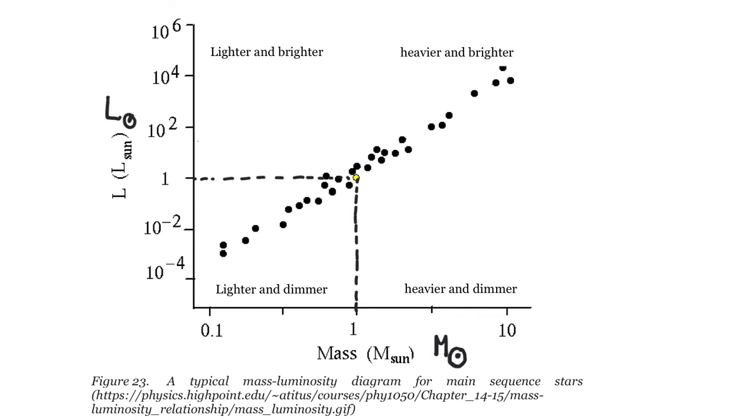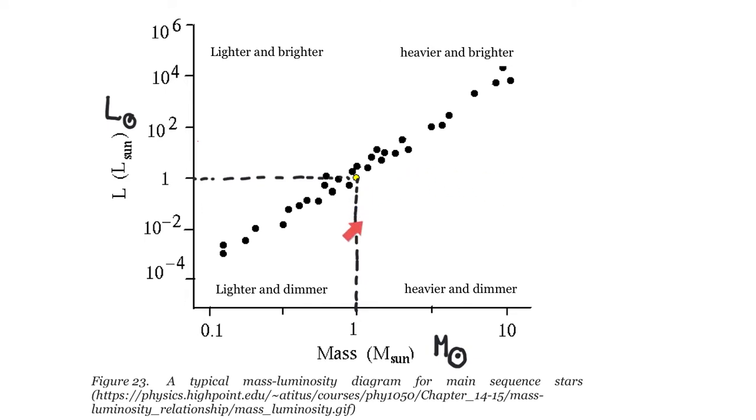So in the bottom left, when we talk about lighter, we mean mass-wise, lighter stars that burn dimmer. At the top left, we have lighter stars that burn brighter than the sun.